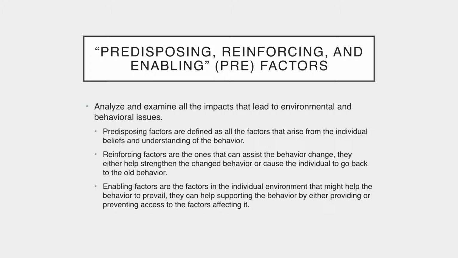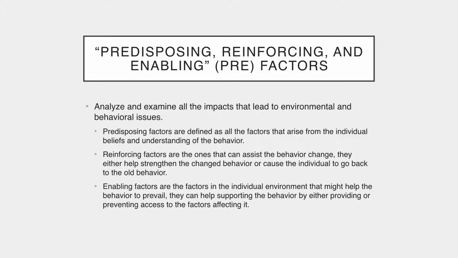The predisposing, reinforcing, and enabling factors, called prefactors, analyze and examine all the impacts that lead to the environmental and behavioral issues that affect the health in that population. Predisposing factors are defined as all factors that arise from the individual's beliefs and understanding of the behavior. Reinforcing factors are the ones that can assist the behavior change.